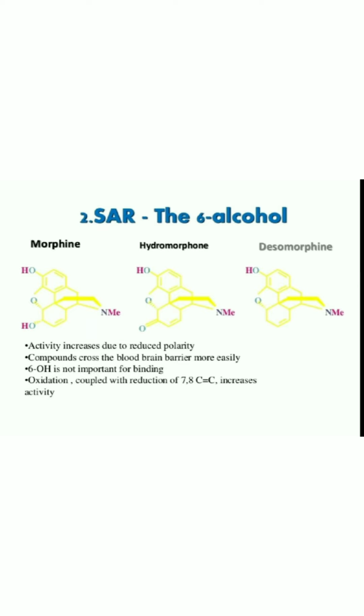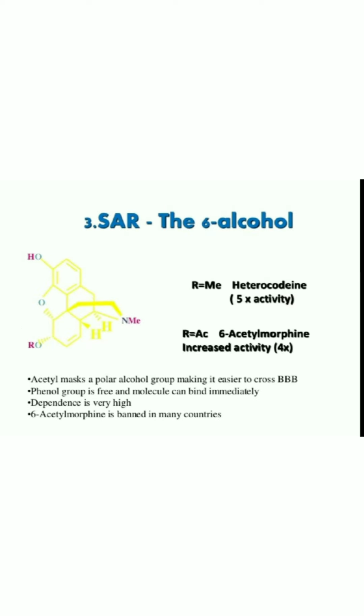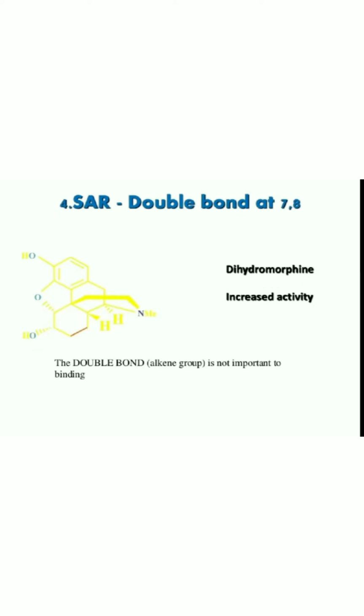Oxidation coupled with reduction at the 7-8 position increases activity. At the 6th position alcohol, heterocodeine has 5x the activity of morphine. If we convert it to 6-acetyl morphine, it can also increase the activity, as we told earlier.